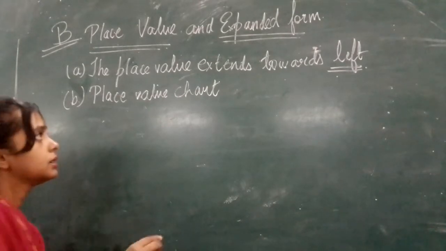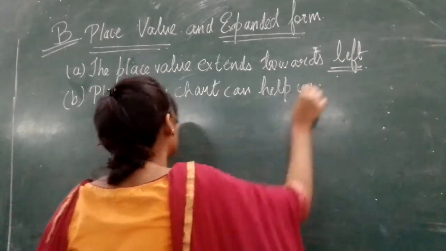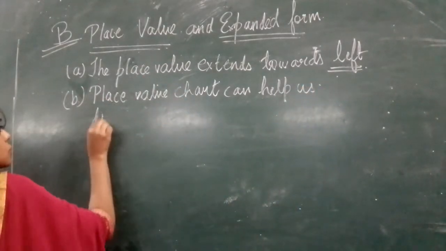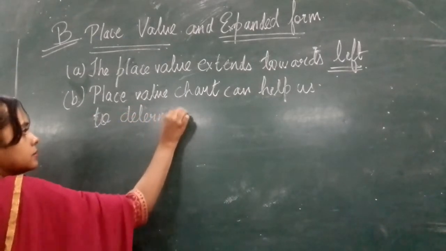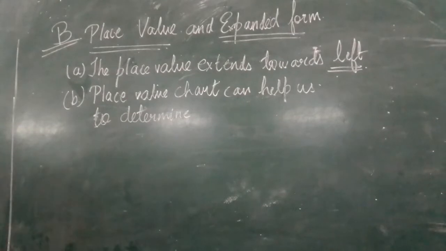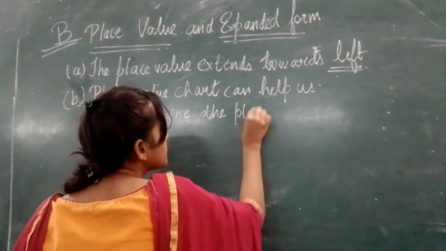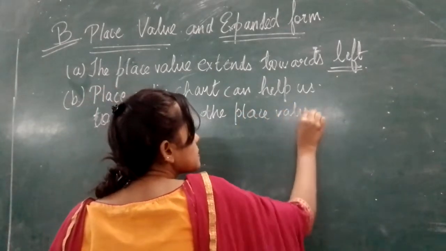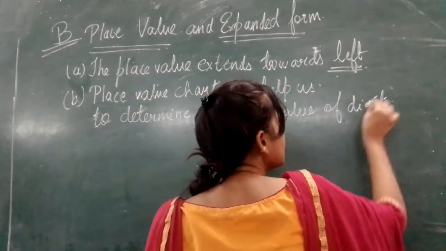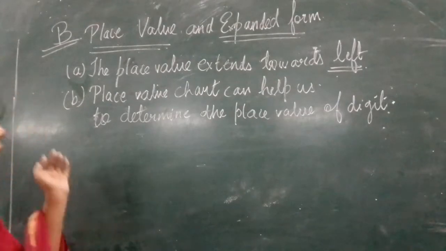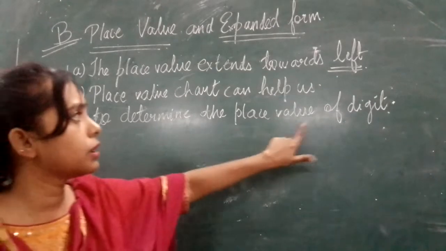Place value chart can help us to determine the place value of the digit. Now, how will it help us to do so? Again, see the next point. The place value chart can help us to determine the place value of a digit.